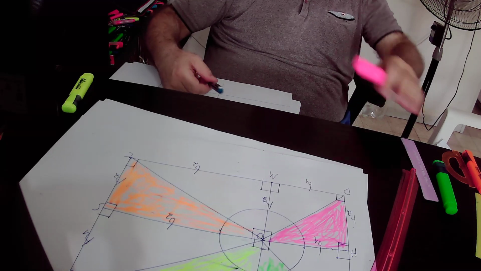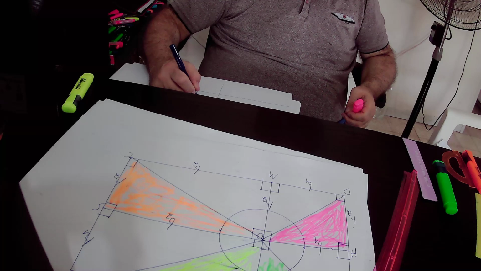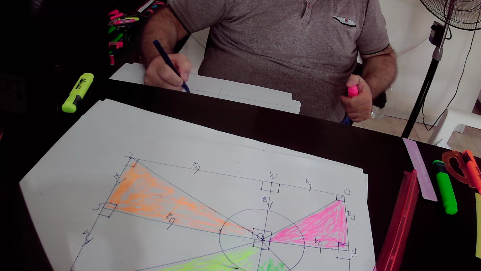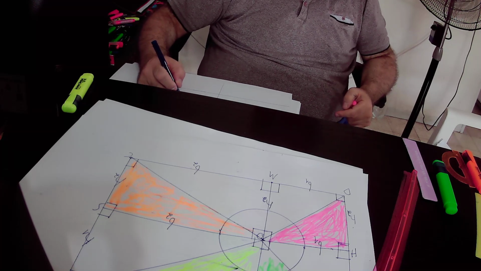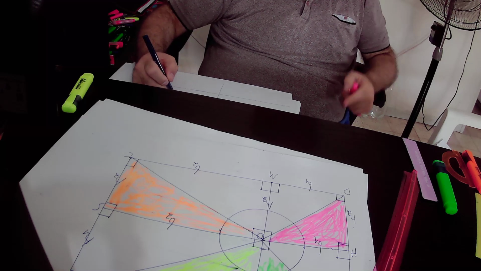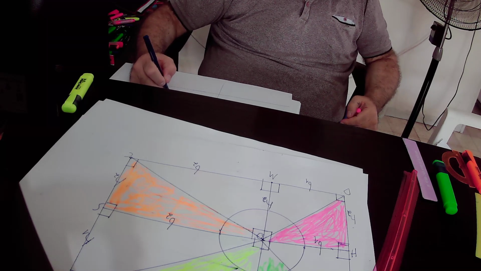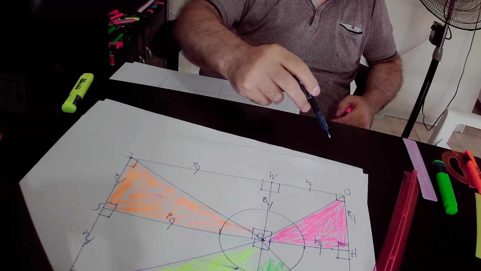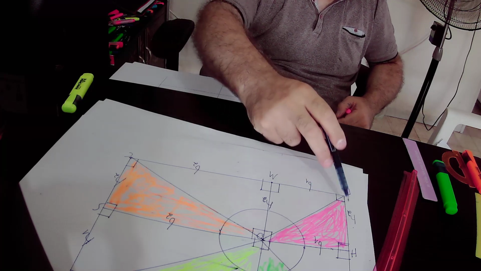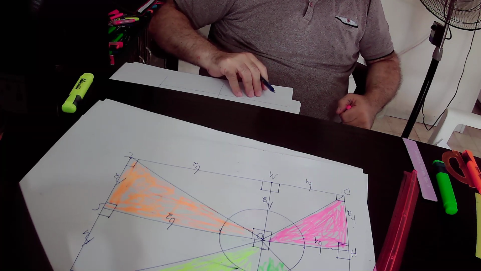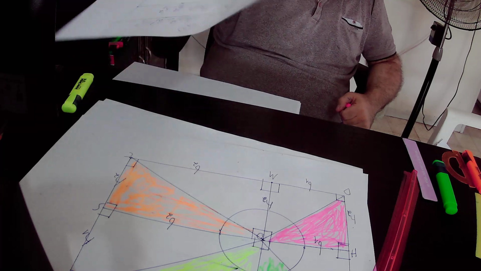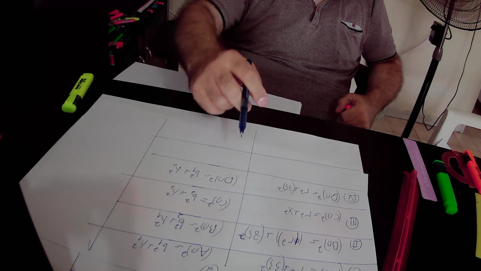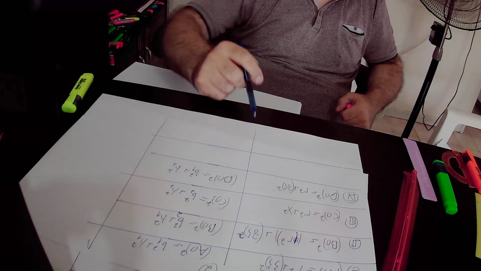According to the Pythagoras theorem, we get that DO square equals B1 square plus H2 square. I repeat again, in the pink triangle, according to the Pythagoras theorem, DO square equals B1 square plus H2 square. Okay, so here we created another 4 equations for AO square, BO square, CO square, and DO square.